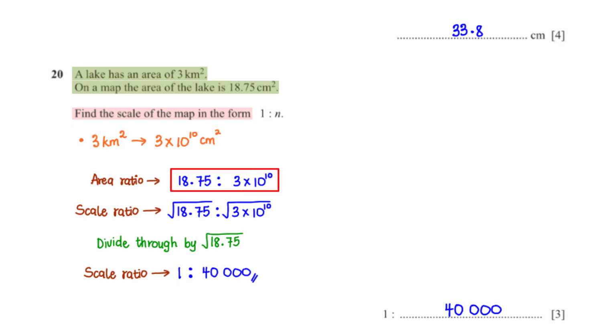So now we have the area ratio to be 18.75 is to 3 times 10 raised to the power 10. To get the scale ratio, we take the square root of both sides. Since the final answer needs to be in the form 1:n, we divide through the ratio by the square root of 18.75. This gives us 1:40,000.